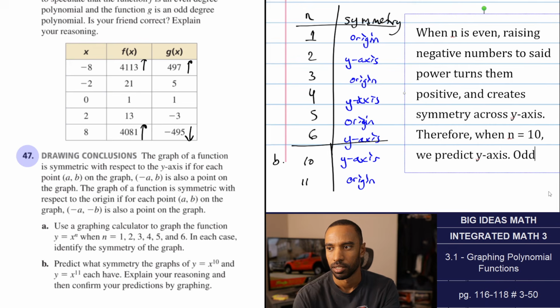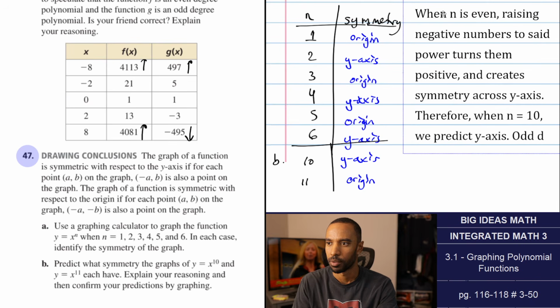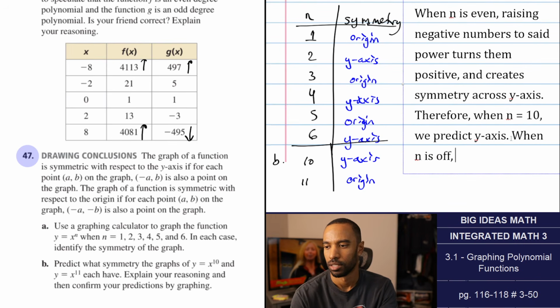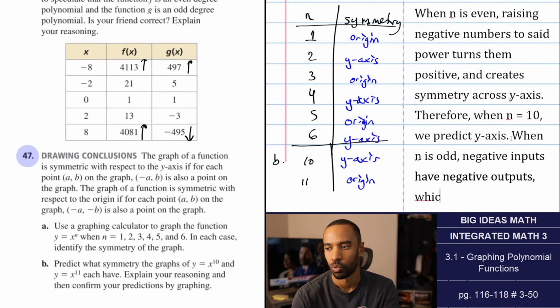Odd degree. When n is odd, negative inputs have negative outputs, which gives symmetry across the origin.